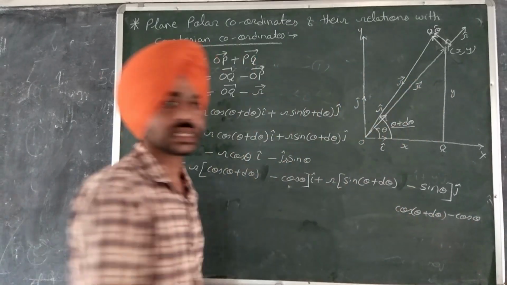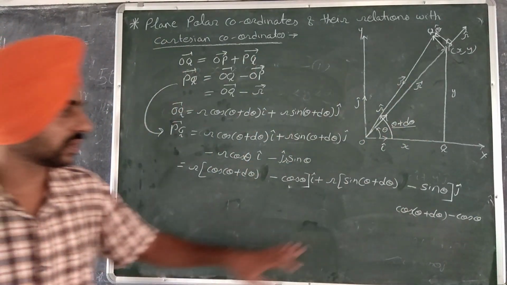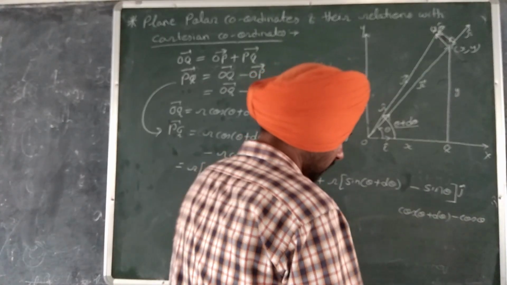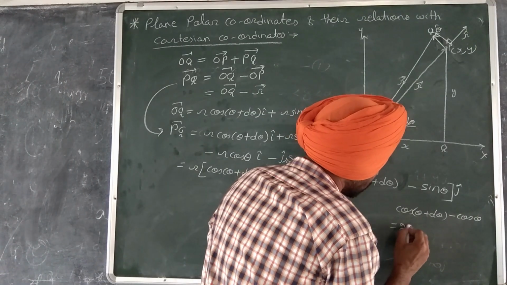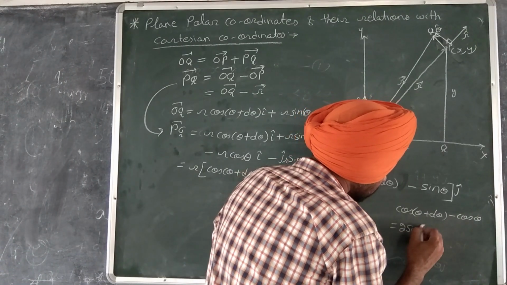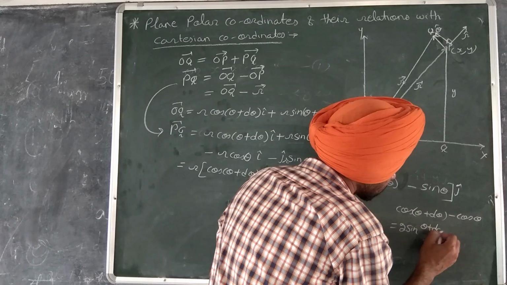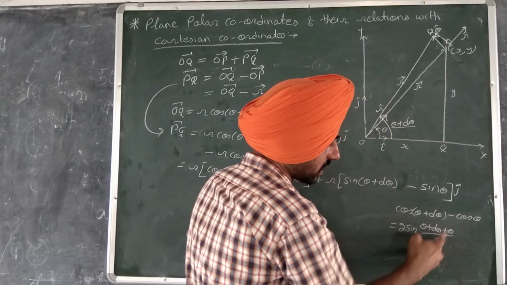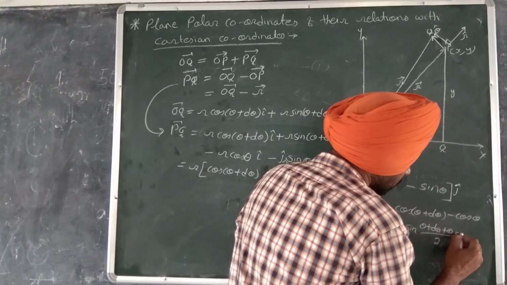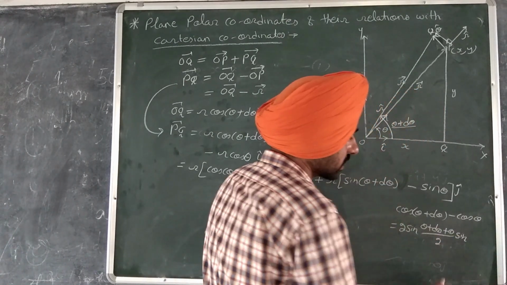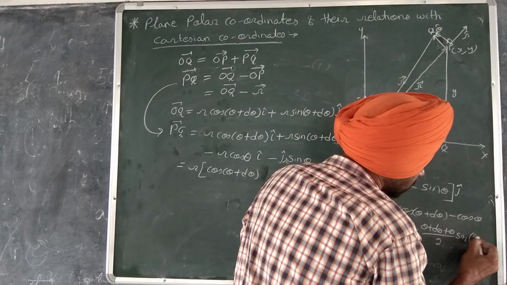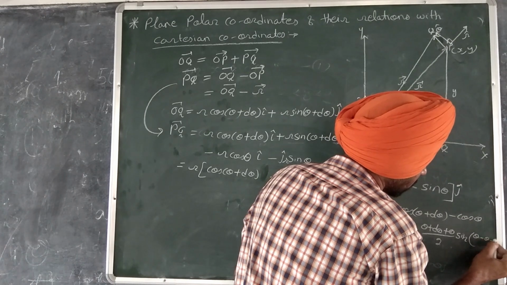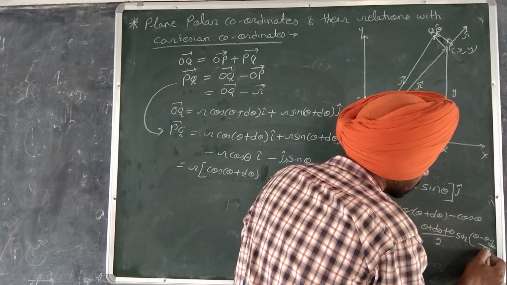This is the cos C minus cos D formula in trigonometry. You can write it as 2 sin((C plus D)/2) into sin((D minus C)/2).